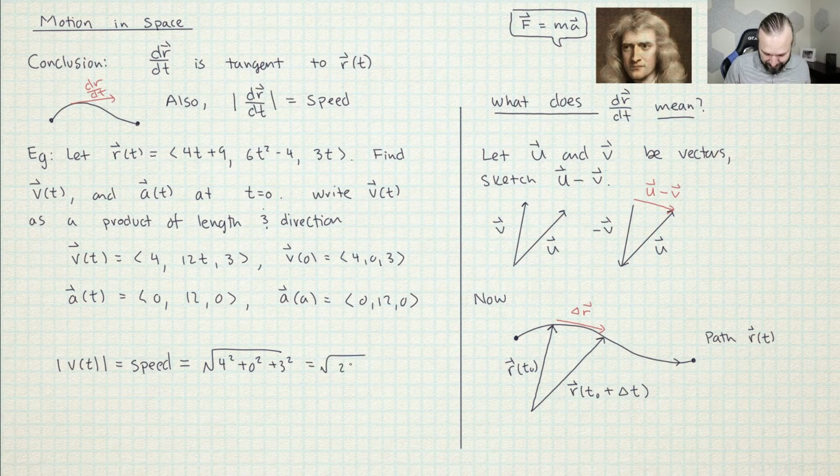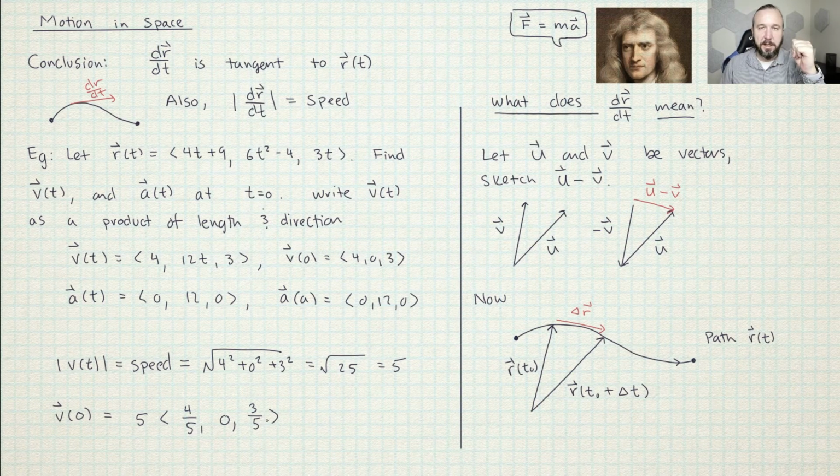So 16 plus 9 is 25. So this is 5. So I can write v of 0 as 5 times 4/5, 0/5, and 3/5.